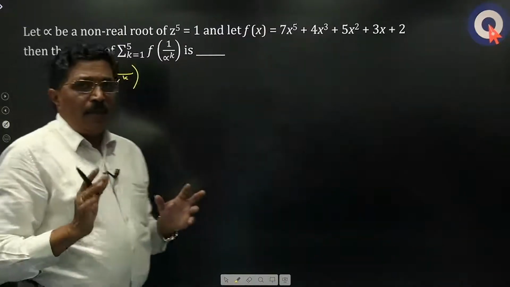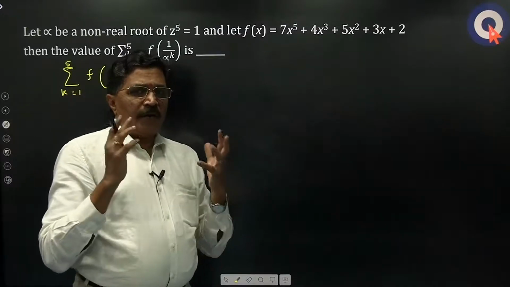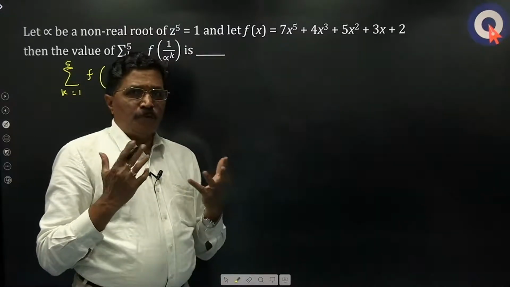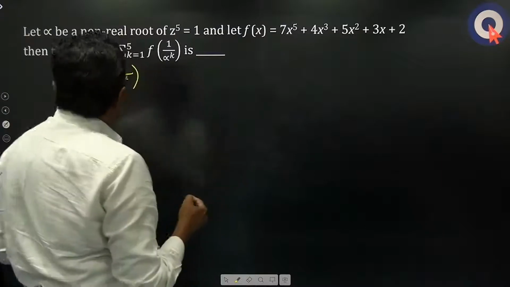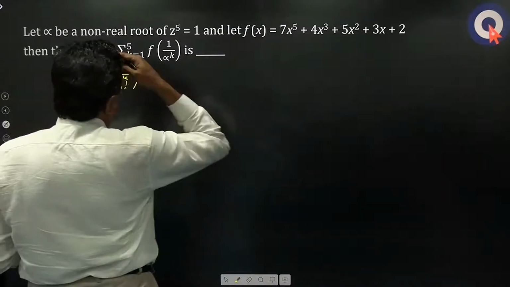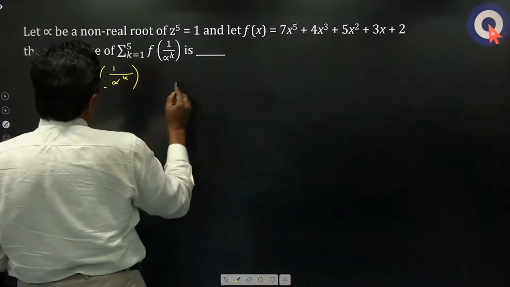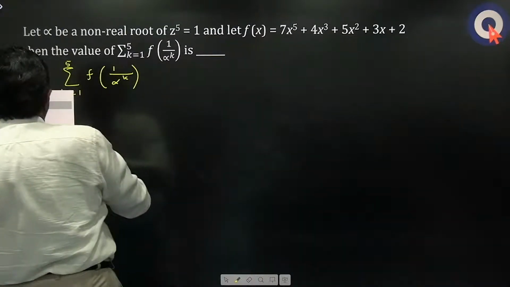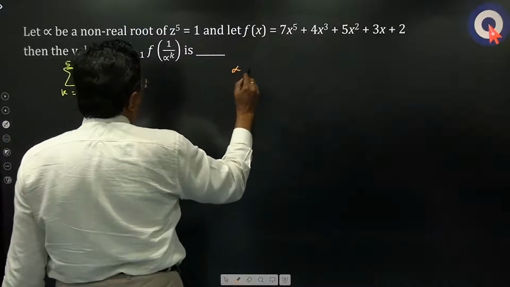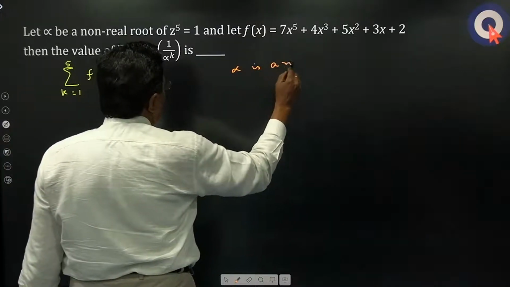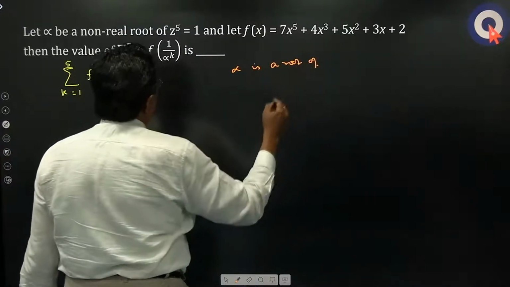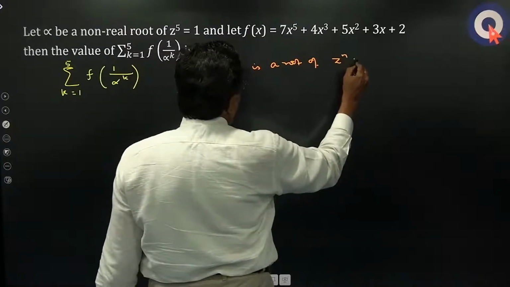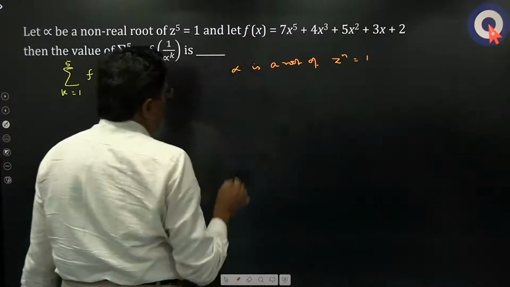See here, one interesting result which you must be knowing already. The result is this. Suppose alpha is a root of, let us say, z power n is equal to 1, nth root of unity.